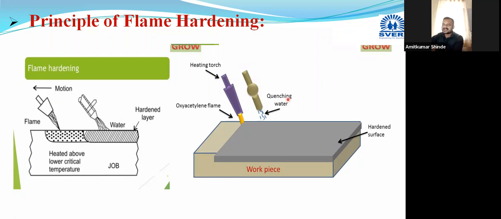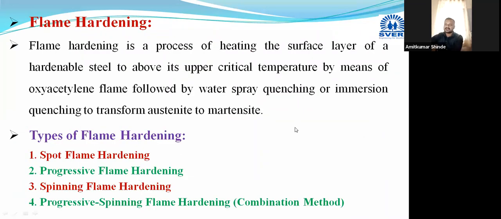This is termed spot flame hardening. A particular spot or local area is heated with the oxyacetylene flame, and it is cooled with the cooling medium, or by spraying water on it.